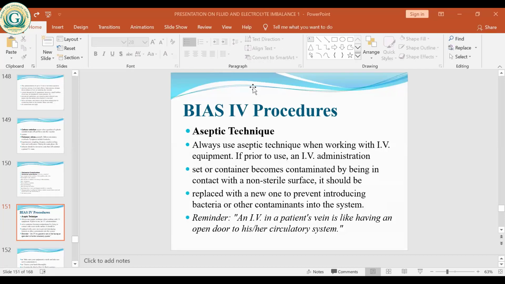So you don't see swelling because the fluid is not much. But once it becomes infiltration, the fluid has started giving the area a puffy and swollen appearance. Infiltration is a complication of extravasation. That is true.